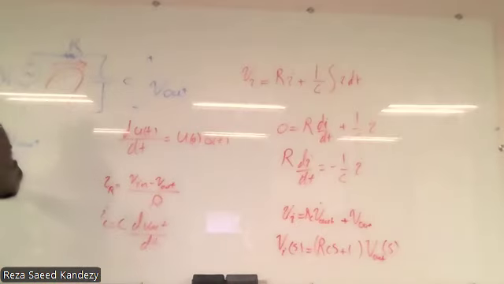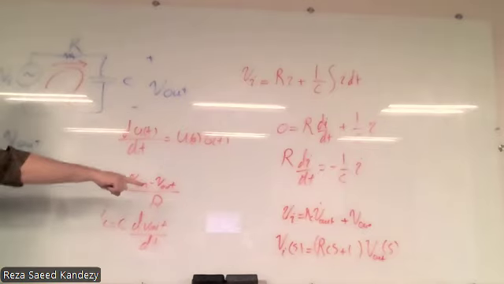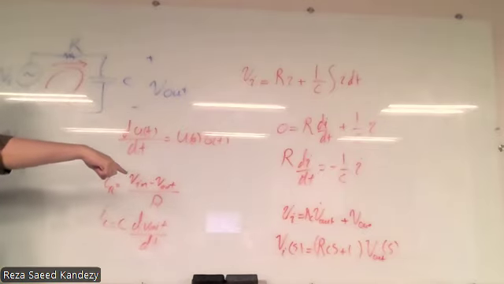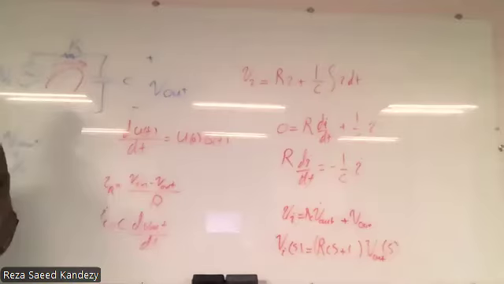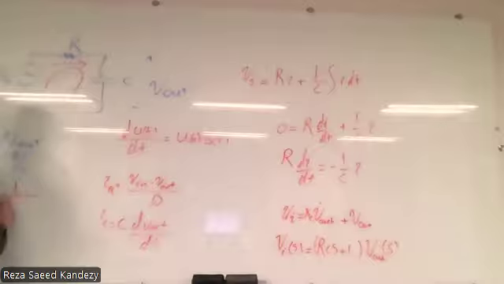So if we want V out over VI, and we have the formula that relates V out and VI, we can easily find H(s), which is our transfer function, which becomes 1 over 1 plus RCS. Is that clear?